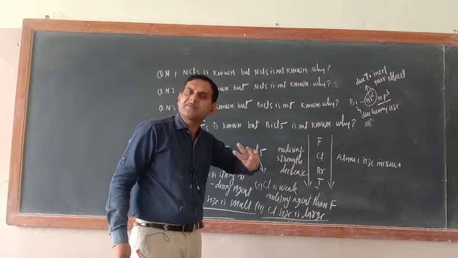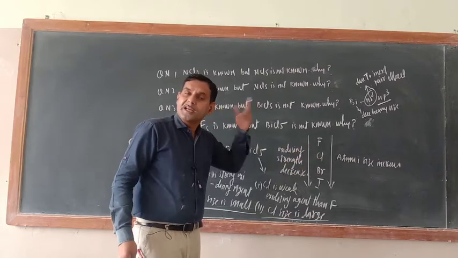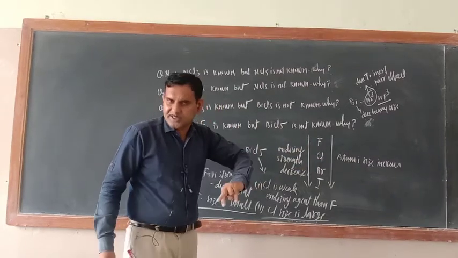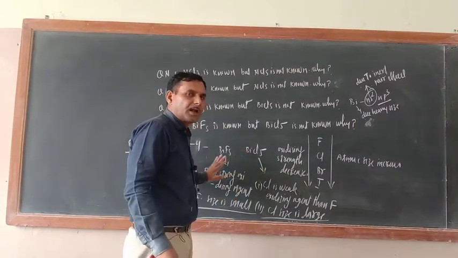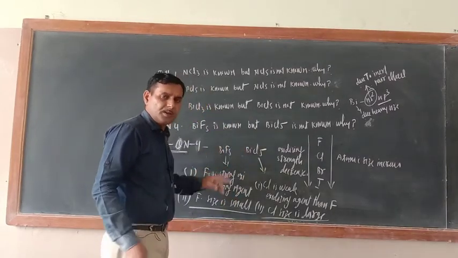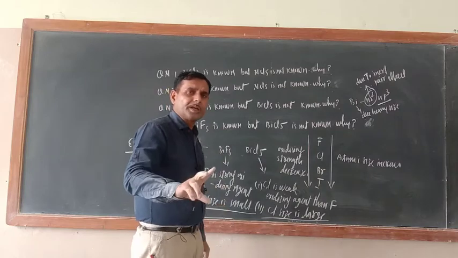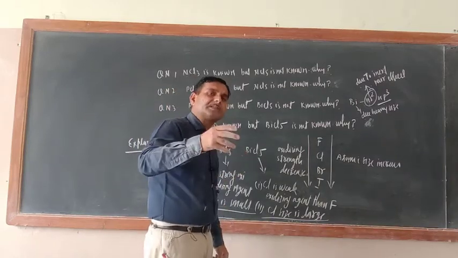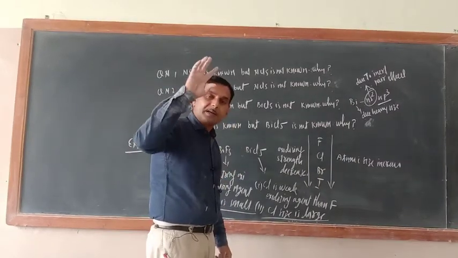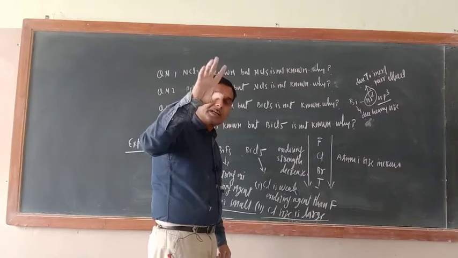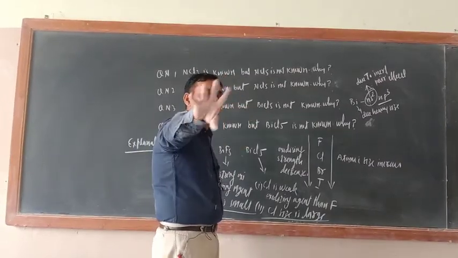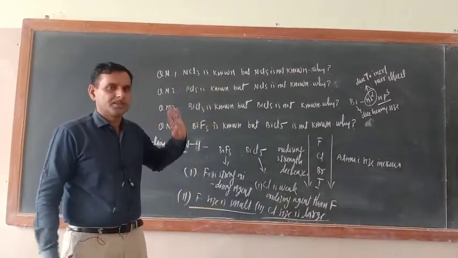If it is stable, then only it will form. It will form because it is stable. Correct or not? So always remember this. So a small size of fluorine helps the formation of BiF5, but bigger size of chlorine is not favoring the formation of BiCl5. So understood now?